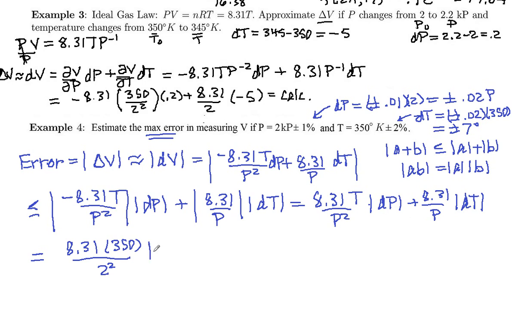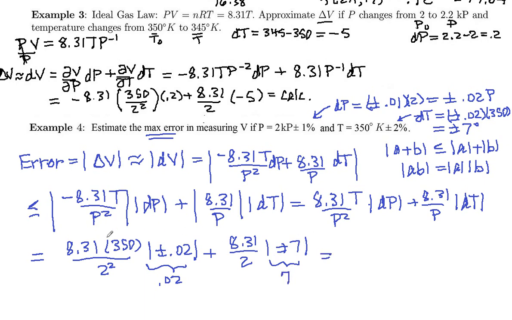So this will be absolute value of plus or minus 0.02, and that's just going to be 0.02. And then the next term, 8.31 divided by P, which is 2. And then our absolute value of dT, so the change in temperature is 2% or 7 degrees. So absolute value of plus or minus 7, which is just 7.